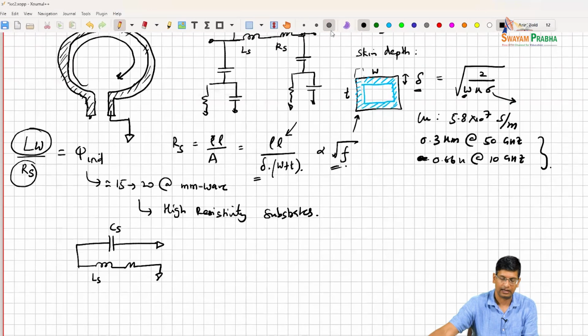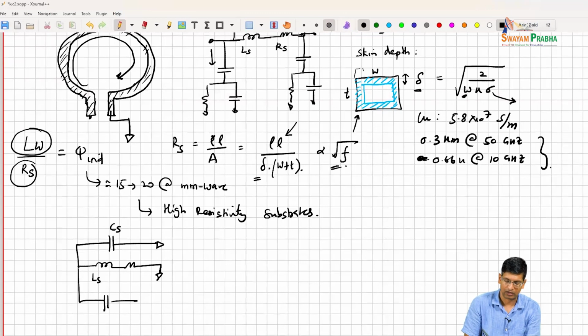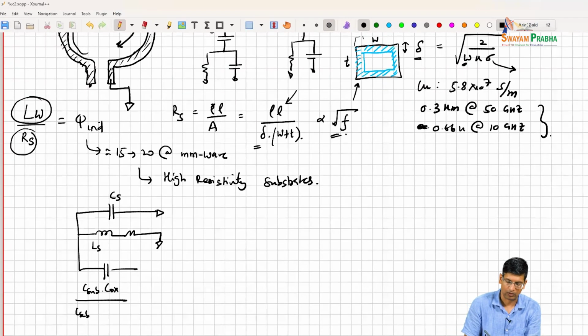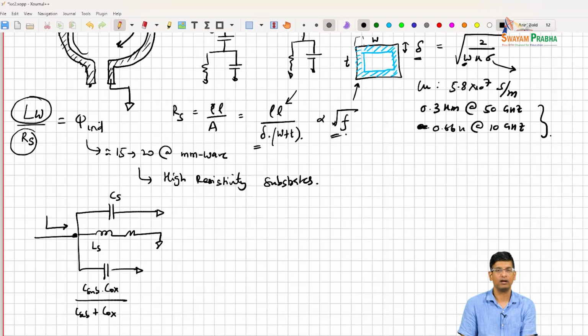And then I may have this capacitance over here, which I'll call C sub times C odds divided by C sub plus C odds, connected to ground. So now when you look in here, you're not just seeing an inductance, you're seeing an inductance in parallel with two capacitances.